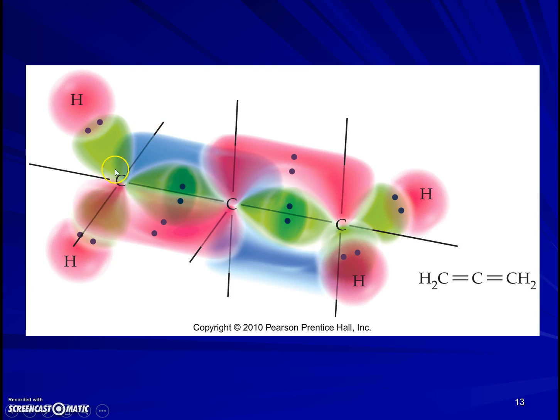But if that p is on the y-axis, that's going to force the hydrogens to the z-axis. That leaves the z-axis p able to bond with this carbon. That forces these hydrogens to the y-axis. And so we don't get a planar molecule. In fact, the plane created by these three atoms is orthogonal, or 90 degrees perpendicular, to the plane created by these three.